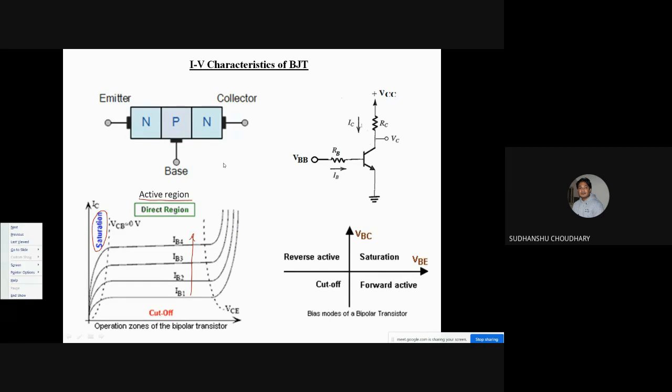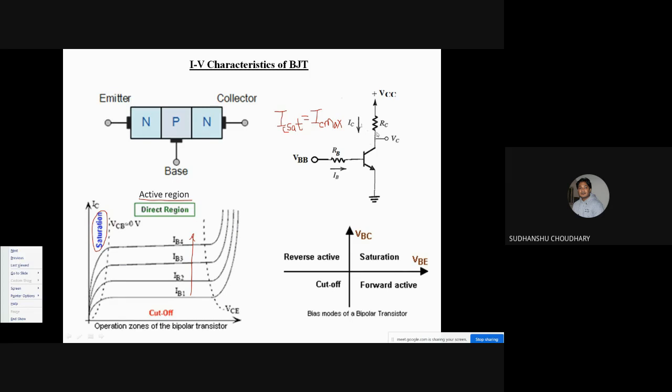Saturated or maximum current flows through this collector resistance in the saturation region. So the collector current is saturated. In the saturation region, the collector current, IC saturated, is equal to the maximum collector current that can flow through this BJT. One can find this out from this picture.